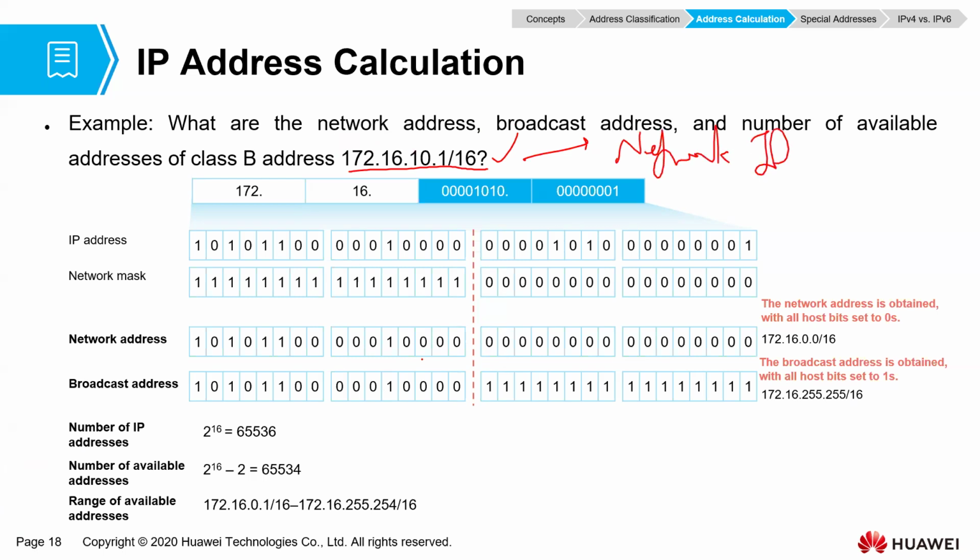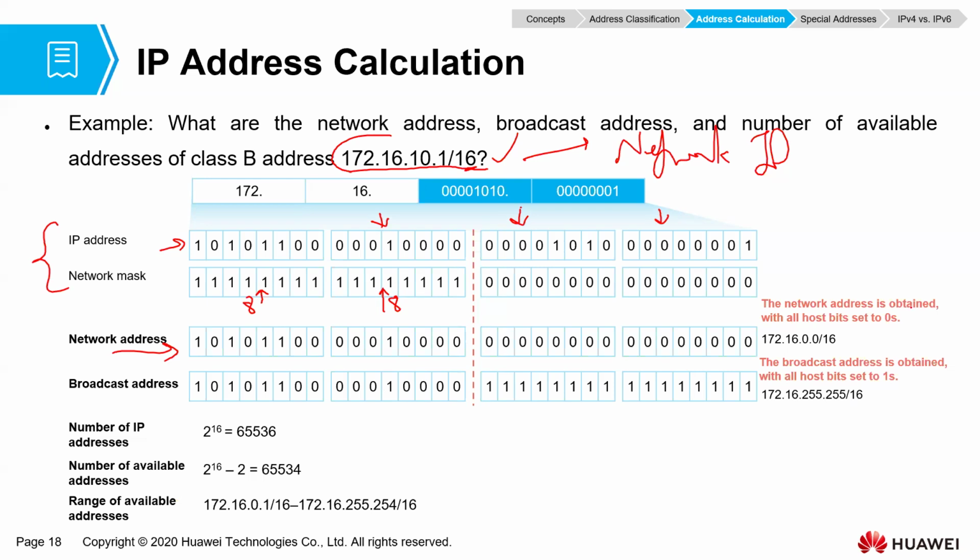To find the network ID, you AND this value with its prefix length, which is 16. And I think this is the process that was being done here. So this is 172, this is 16, this is 0, this is 1. And you AND it with these 16 bits. So I have 8 bits here, I have 8 bits here. And if I AND, I get this value here.